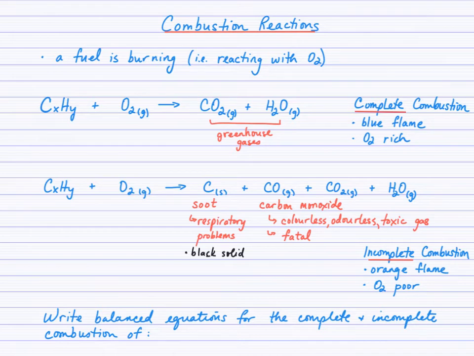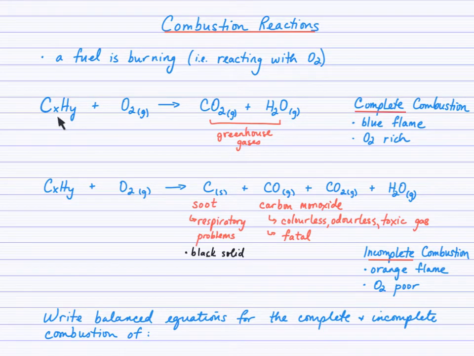So commonly then you'll see these combustion reactions have a fuel containing carbon and hydrogen and sometimes other elements reacting with oxygen gas. There's really two opportunities for products here. One is the complete combustion products of carbon dioxide and water vapor, and secondly, we have the incomplete combustion products, which are CO2 and H2O also, but in addition, carbon solid and carbon monoxide.